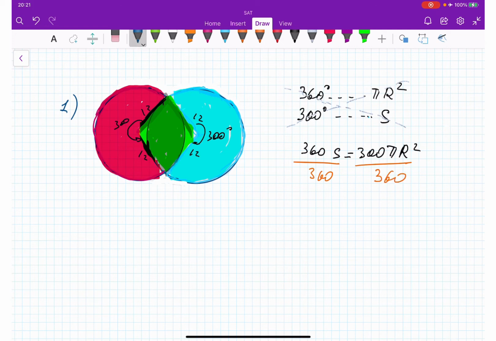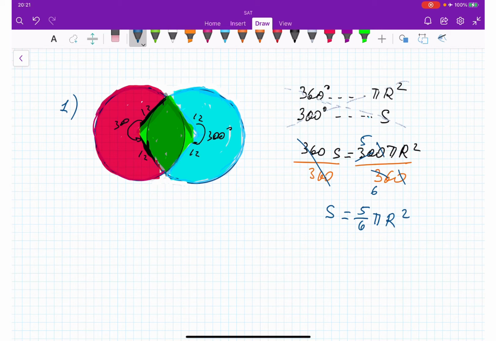The 360 is gone, this 0 is gone with this 0, and 30 and 36 I can reduce by 6. Here is 5, here is 6. And area S is equal to 5 over 6 pi r squared.